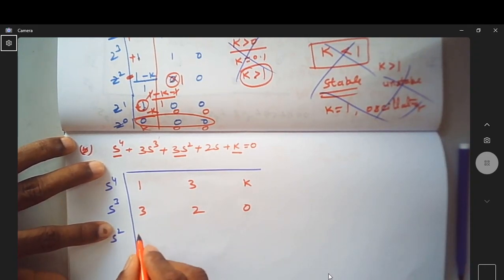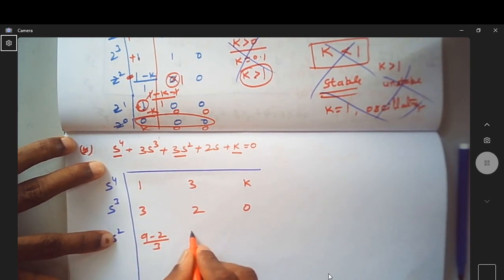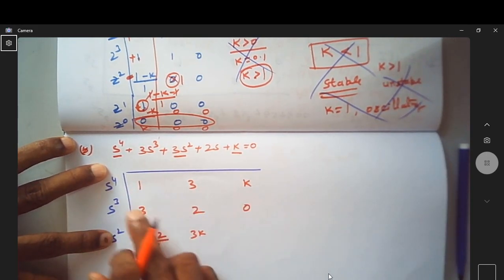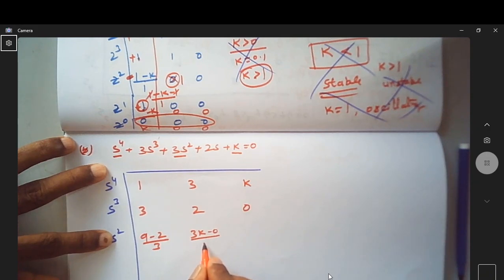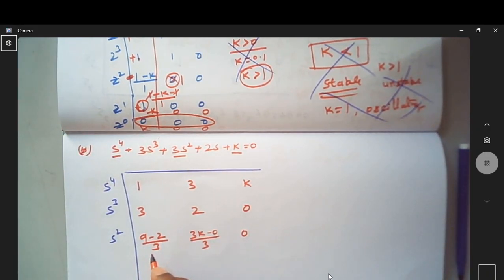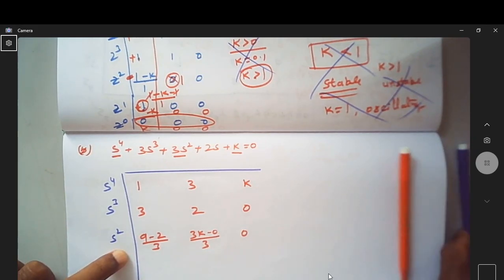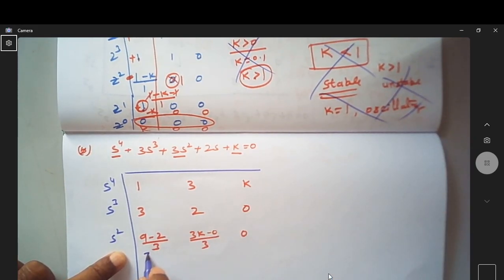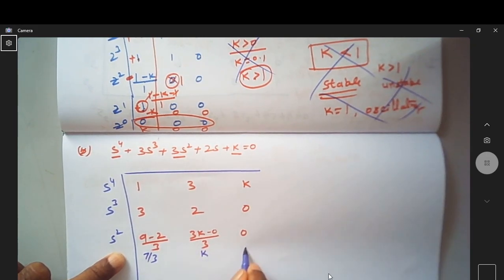What is this value now? Is it not 9 minus 2 by 3? Then it is 3k minus 0 by 3, next it is 0. So this happens to be 7 by 3. So this is now 7 by 3, this is k, and then this is 0.